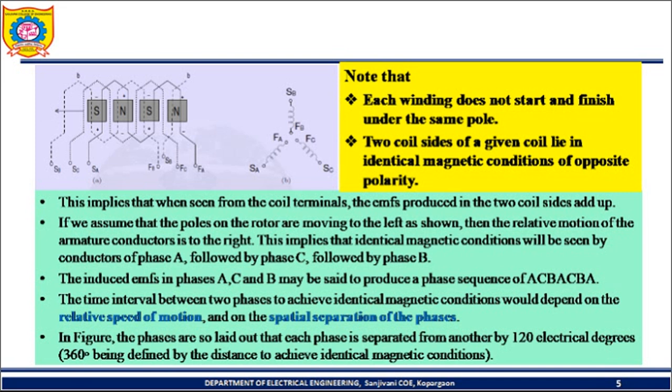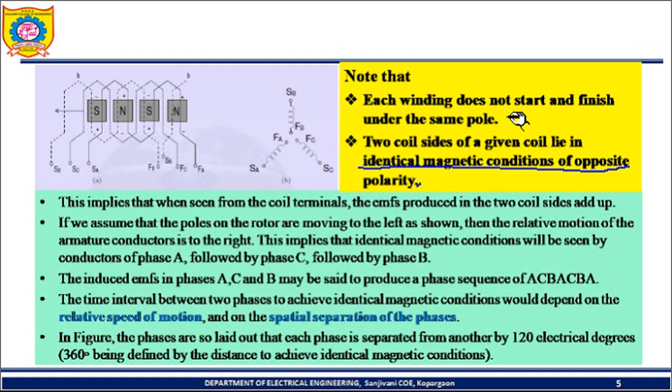The two coil sides of a given coil lie in identical magnetic conditions of opposite polarity. Again, this is important. These two things are important when you are making the winding.